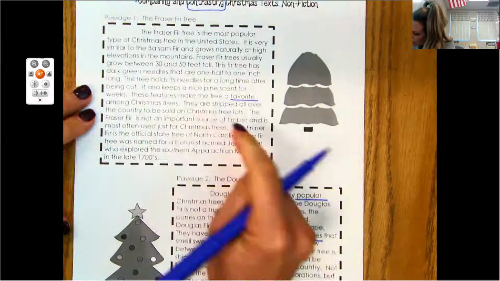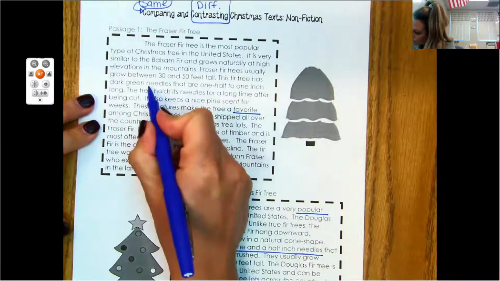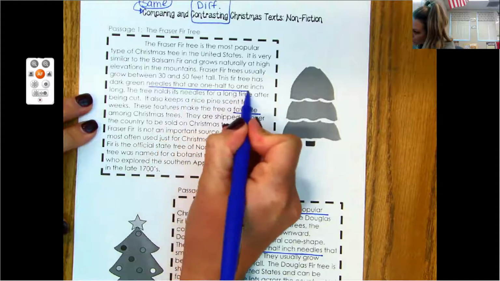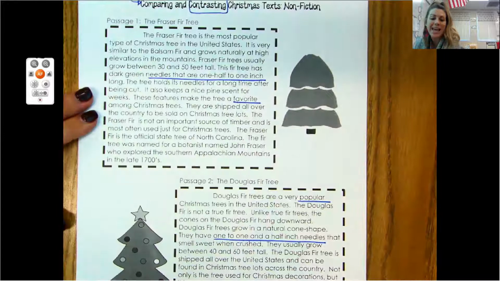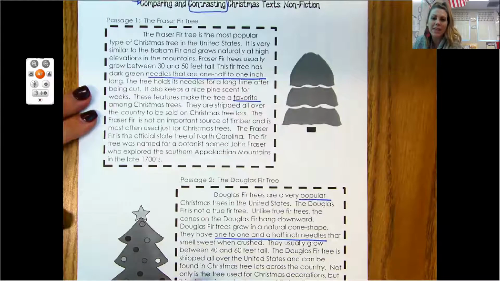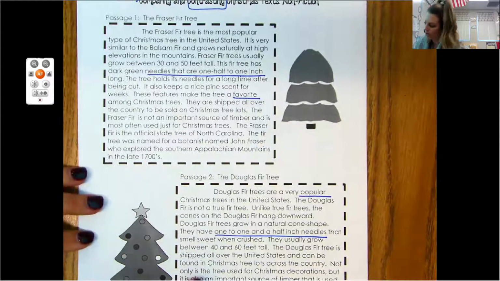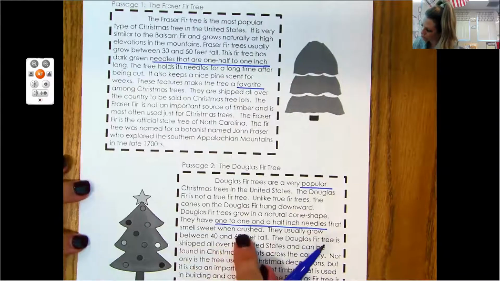And where was it up here? Needles that are 1 to 1.5 inches. Okay, so see how we're noticing the similarities? It might not be worded exactly the same, but if the information is the same, we want to underline it, okay? So they have the same size needles that smell sweet when crushed.